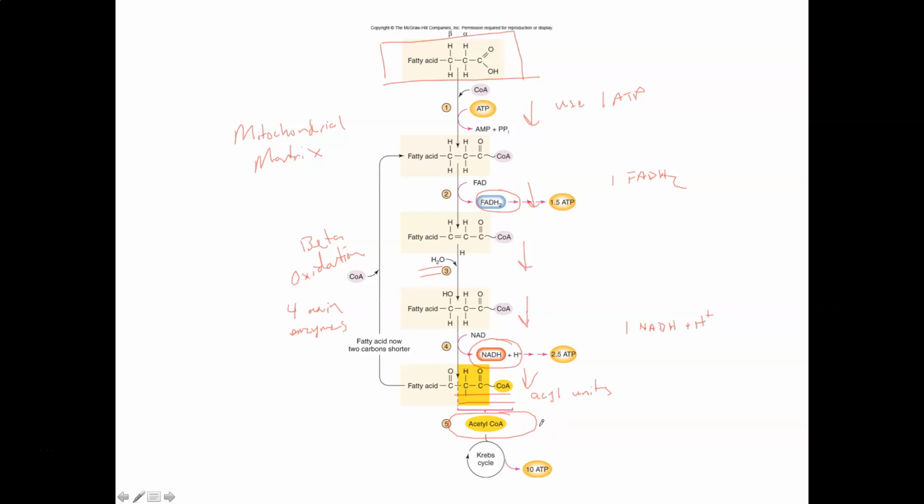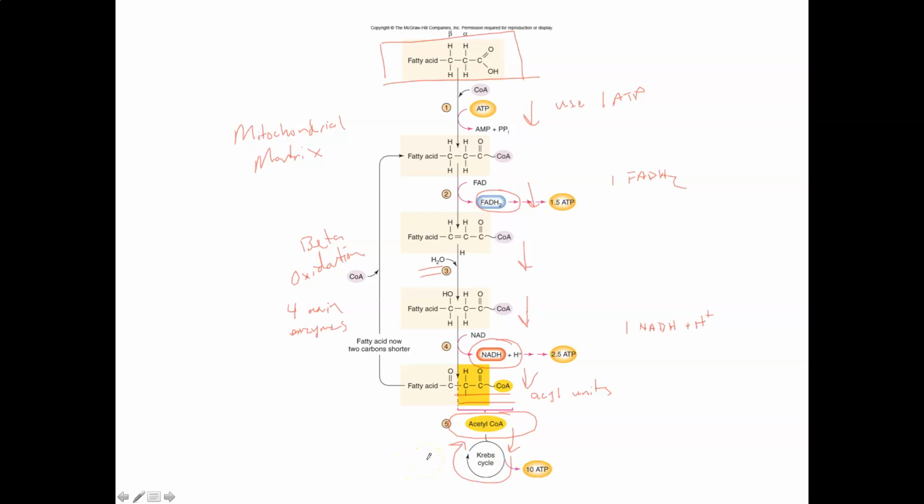We've removed a 2-carbon subunit, and then the acetyl-CoA is entering into the citric acid cycle, or what we call the Krebs cycle. When the acetate unit enters into the citric acid cycle, it's essentially binding with oxaloacetic acid to form the first molecule, citric acid, and then it's running through the cycle of reactions that we know as the citric acid cycle.